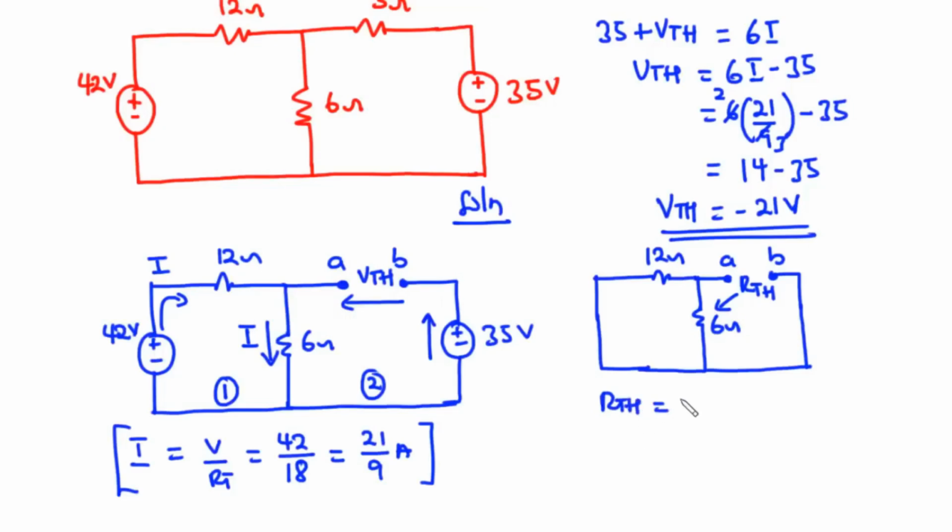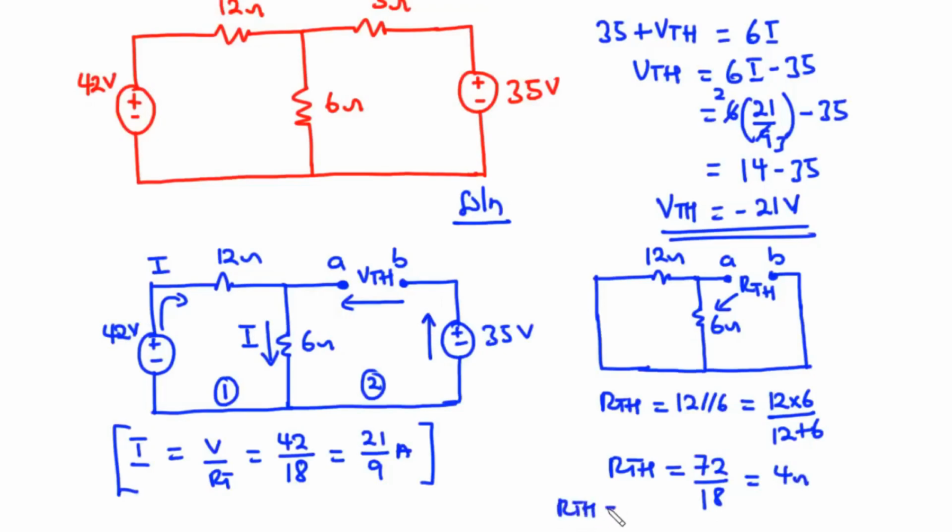Therefore we say that these two resistors are connected in parallel. Therefore RTH is equal to 12 parallel to 6, and this is equal to 12 times 6 divided by 12 plus 6. 12 times 6 is 72, 12 plus 6 is 18, so 72 divided by 18 is equal to 4. Therefore we have RTH to be 4 ohms.